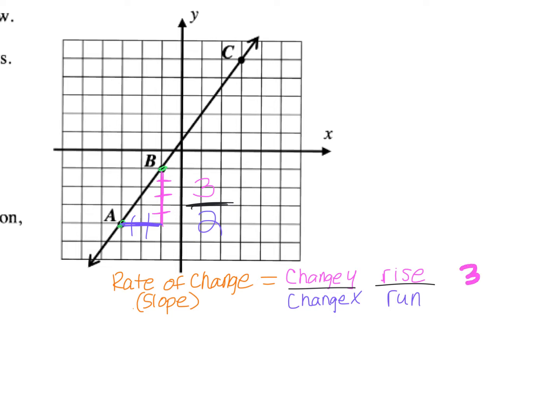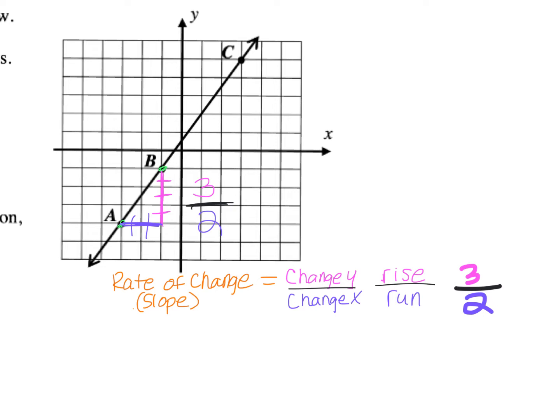The last thing we need to do is decide whether that line is increasing or decreasing, because if the line is increasing, it's going to be a positive 3 over 2. If the line is decreasing, it's going to be negative. Remember that we read our graph moving from left to right.